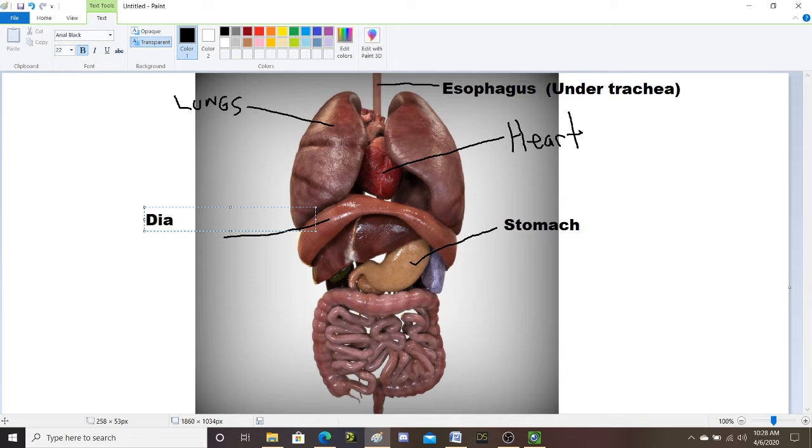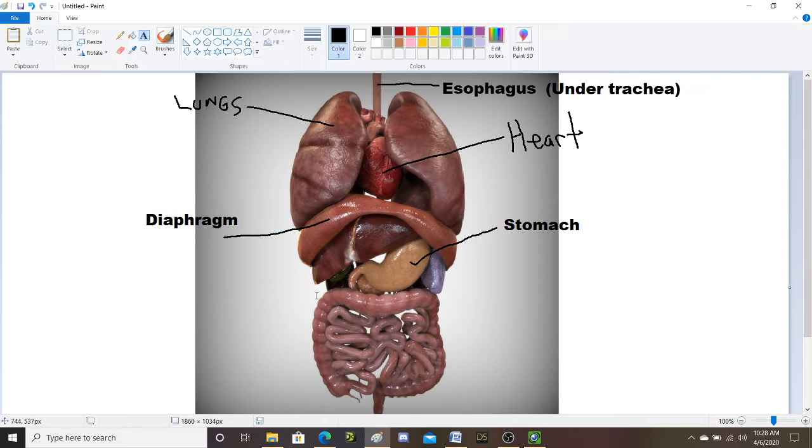So we should recognize where that diaphragm is. This diaphragm is separating your thoracic cavity where your lungs and your heart and your esophagus are from your abdomen where your liver, stomach, reproductive organs, digestive organs, all those guys are. All right. So you find that diaphragm.